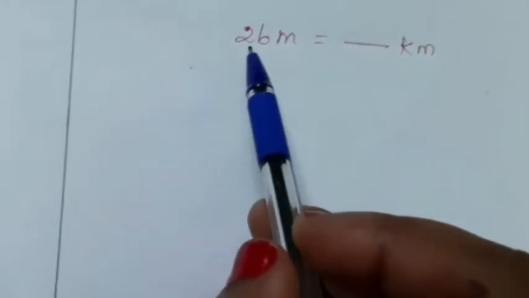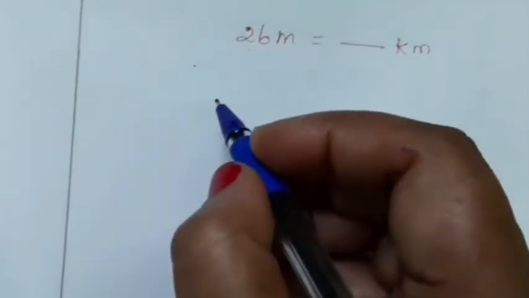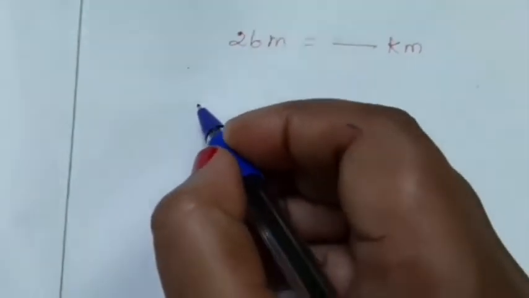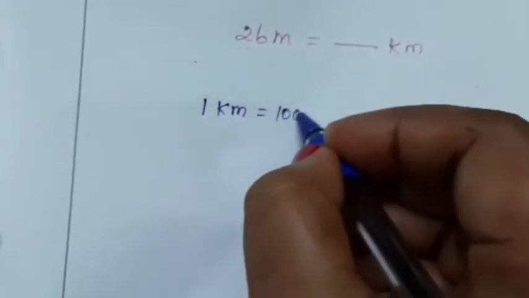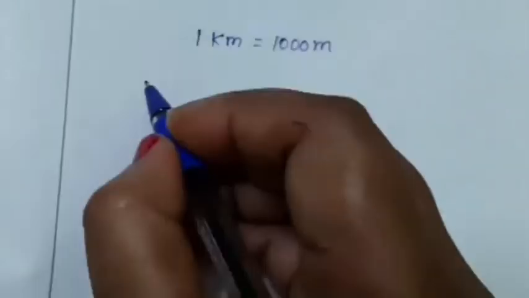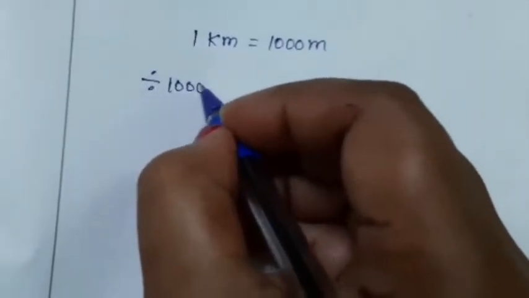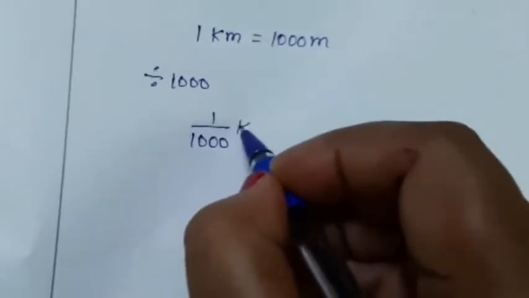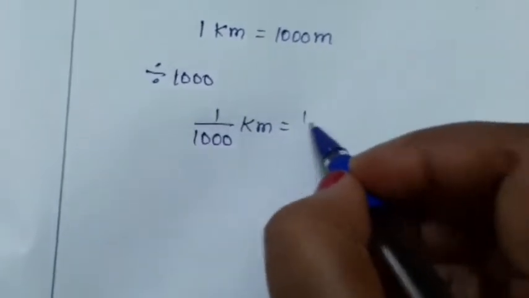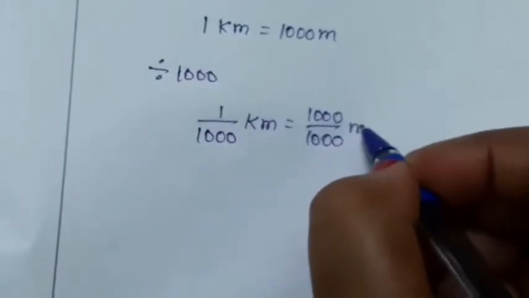Let us see how to convert 26 meter into kilometer. We know that 1 kilometer is equal to 1000 meter. Dividing by 1000 on both the sides, we get 1 by 1000 kilometer is equal to 1000 by 1000 meter.